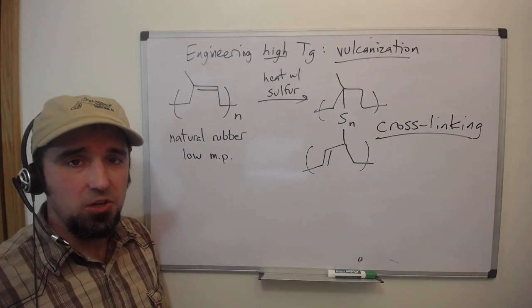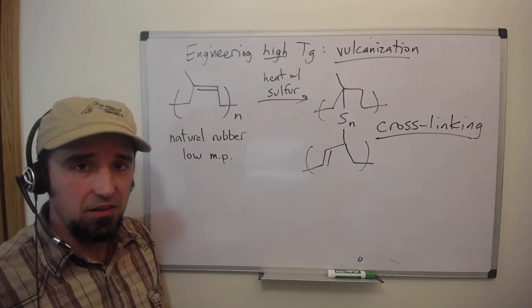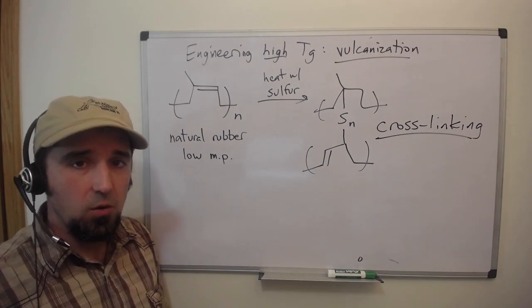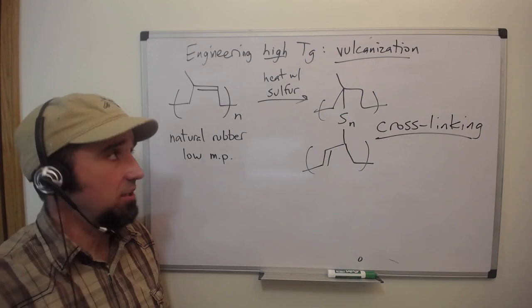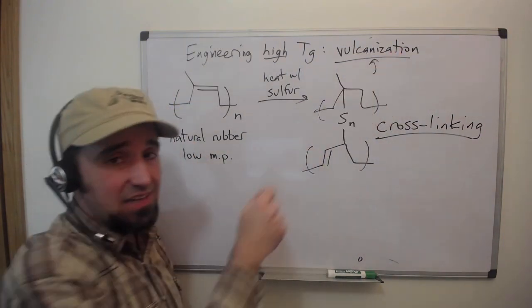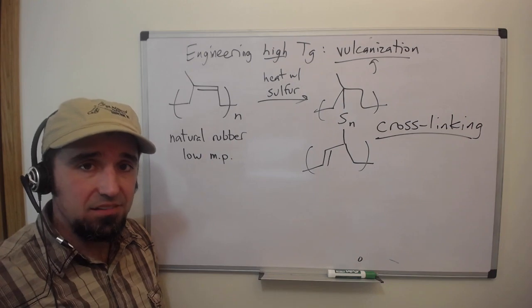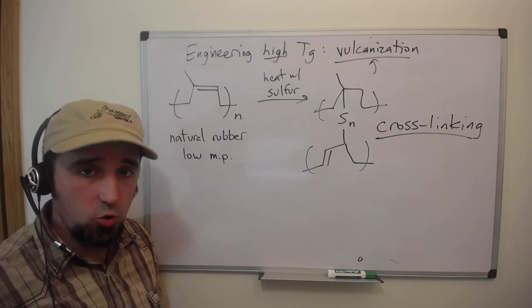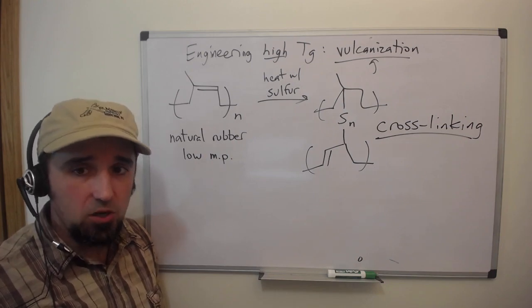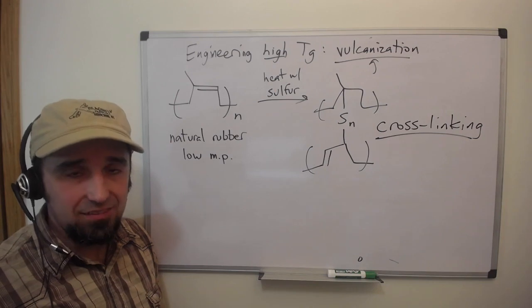So, Goodyear tires. Mr. Goodyear's enduring contribution to the world was the process of vulcanization. In vulcanization, we take natural rubber and we heat it with sulfur. And sulfur ends up making bridges between chains. We call these cross-links. This is cross-linking.